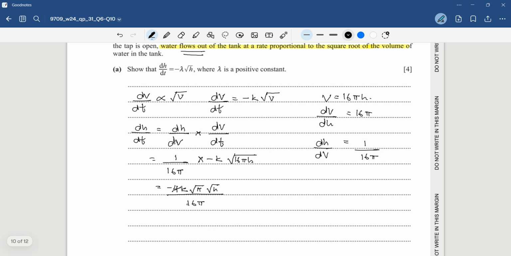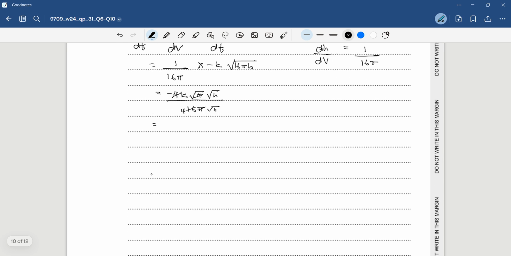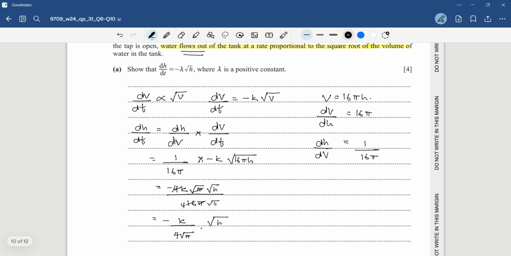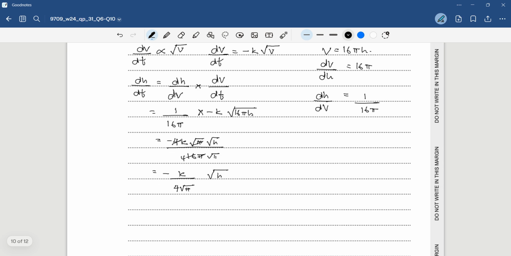So this and this can cancel, becoming 4, and √π cancels. Therefore, it's going to be negative k over 4√π times √h. So lambda is k over 4√π. Okay, it's shown. That's it.